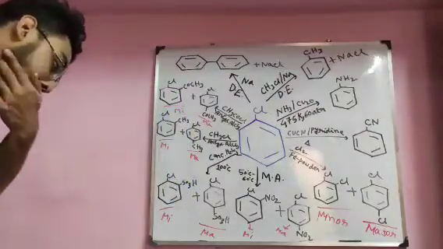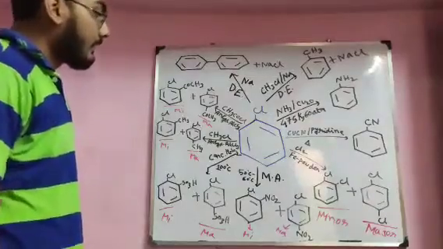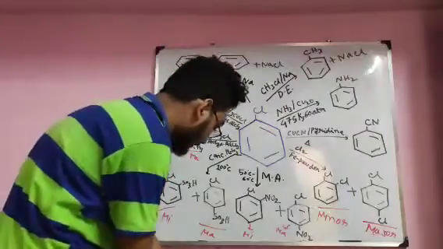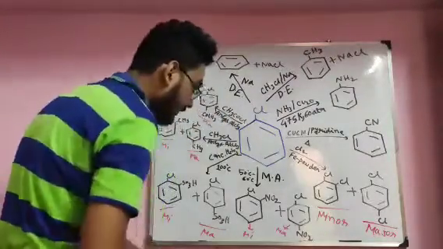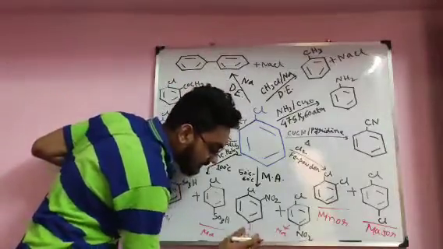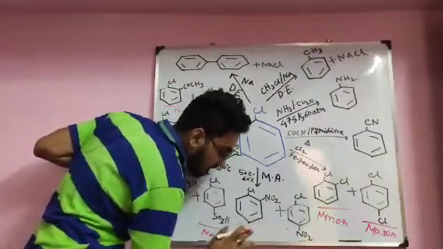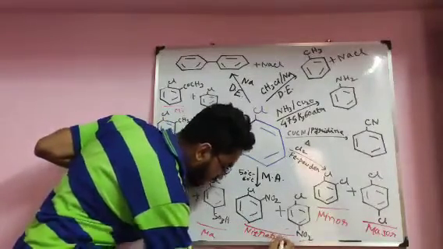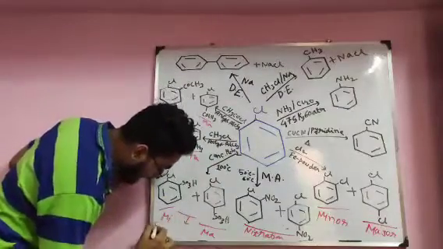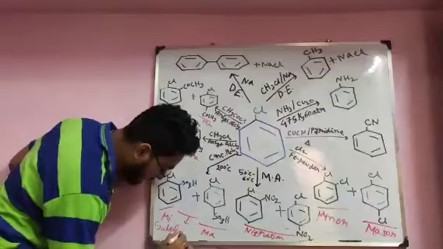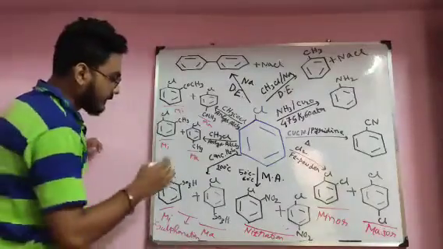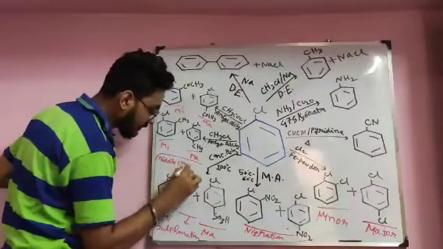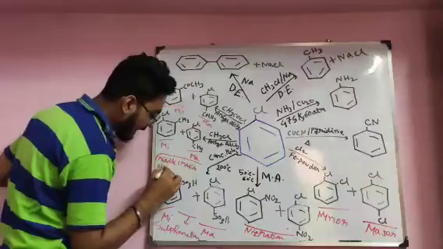Next is reaction with magnesium metal. This process is known as nitration. This process is known as sulfonation. This process is named as Friedel-Crafts alkylation.